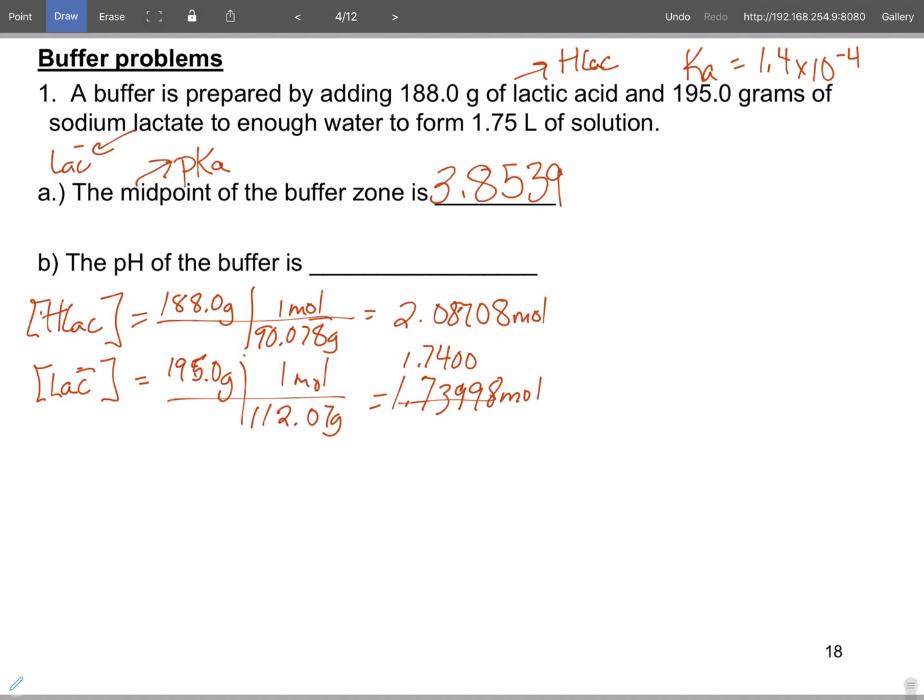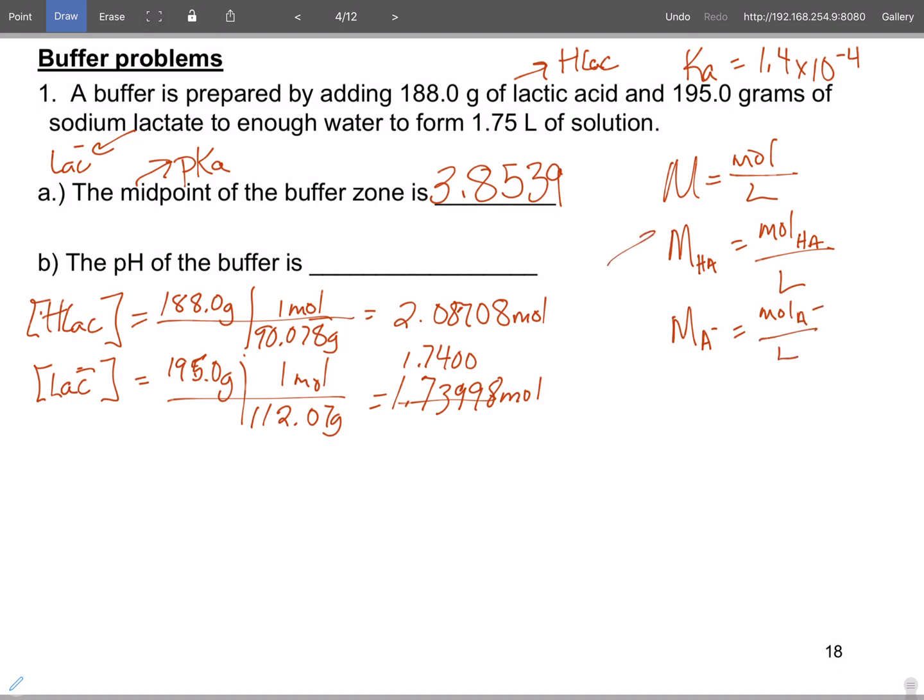Okay, so we're at moles. Don't we need molarity? Because remember, molarity is equal to moles per liter. Okay, now, so we're going to look at moles of HA over the total volume, right? Molarity of the conjugate is equal to moles of the conjugate over, again, the volume.